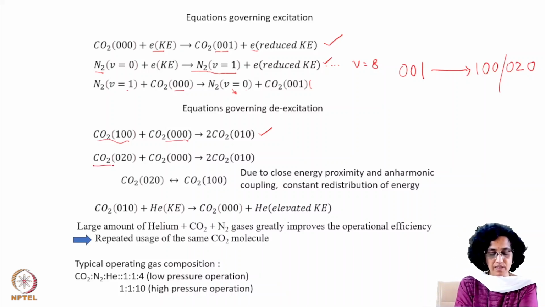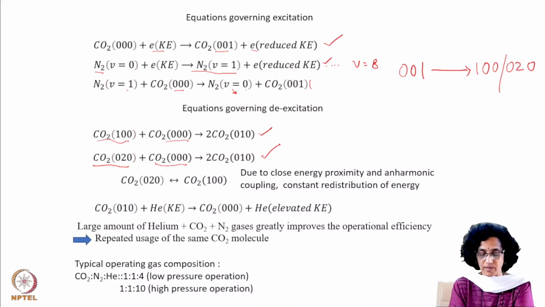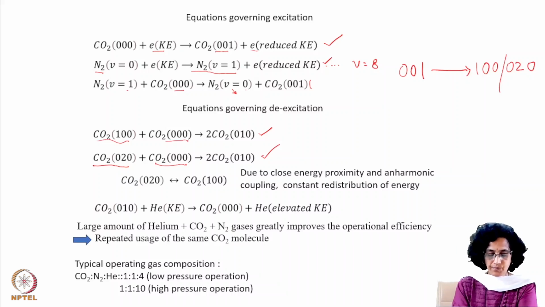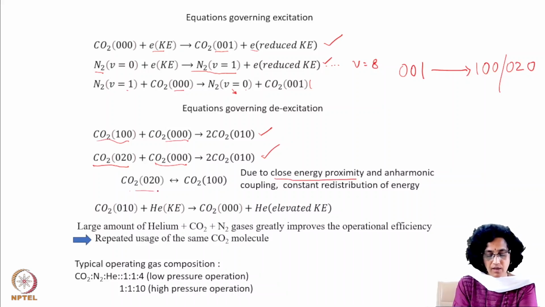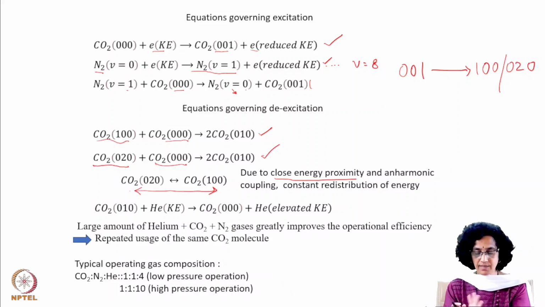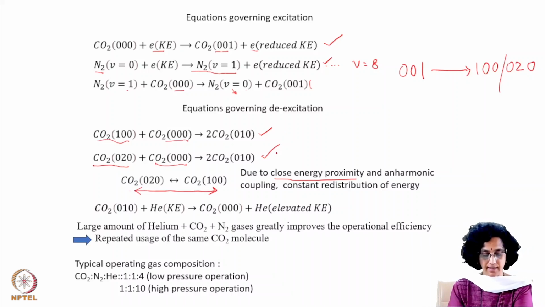Similarly, the molecule in 020 collides again with a ground CO2 molecule and comes down to 010. Because of the close energy proximity between 020 and 010, there is a constant population distribution between the two. This keeps happening, and these are the de-excitation steps.